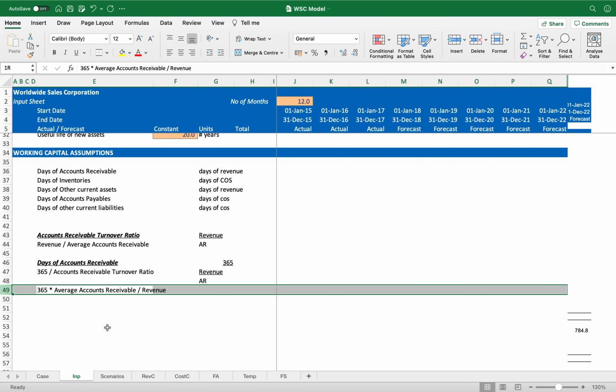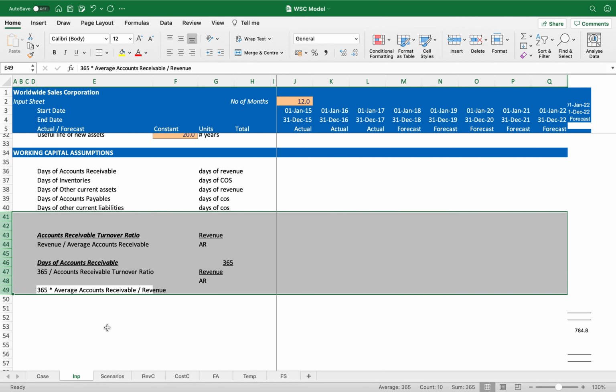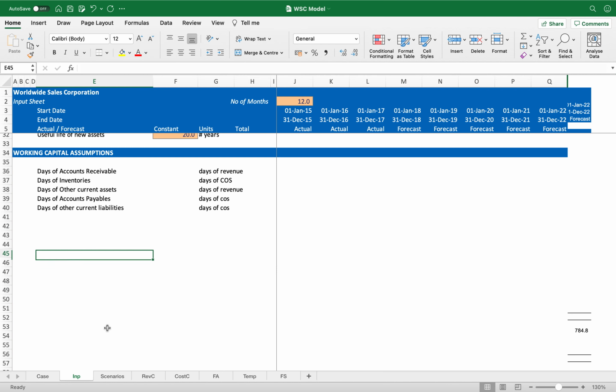Right? Now, keeping this formula in mind, let's see. If I do this for 1st January 15 to 31st December 15, can I find out the days here? No, I cannot. Why not? Because what is the formula? Average accounts receivable. For finding out the average, I would be needing the opening balances as well.